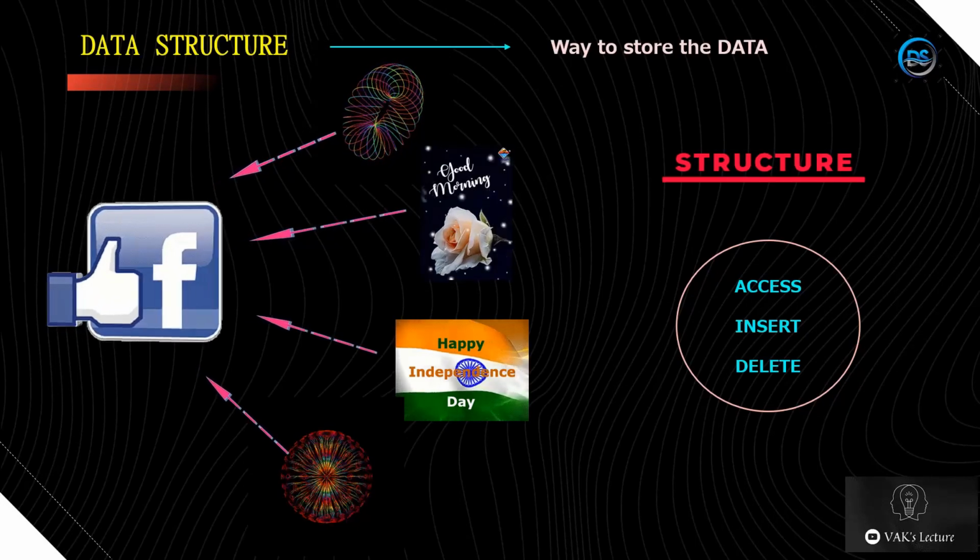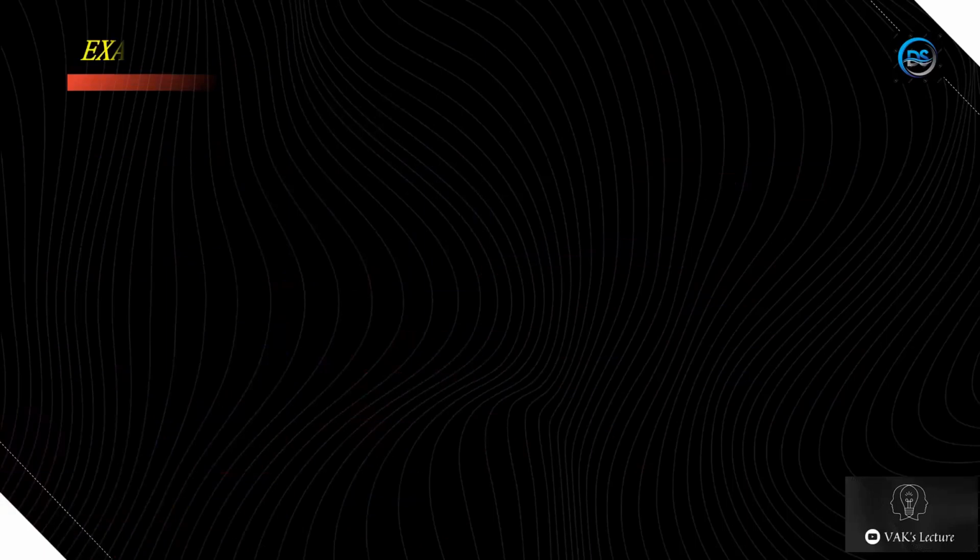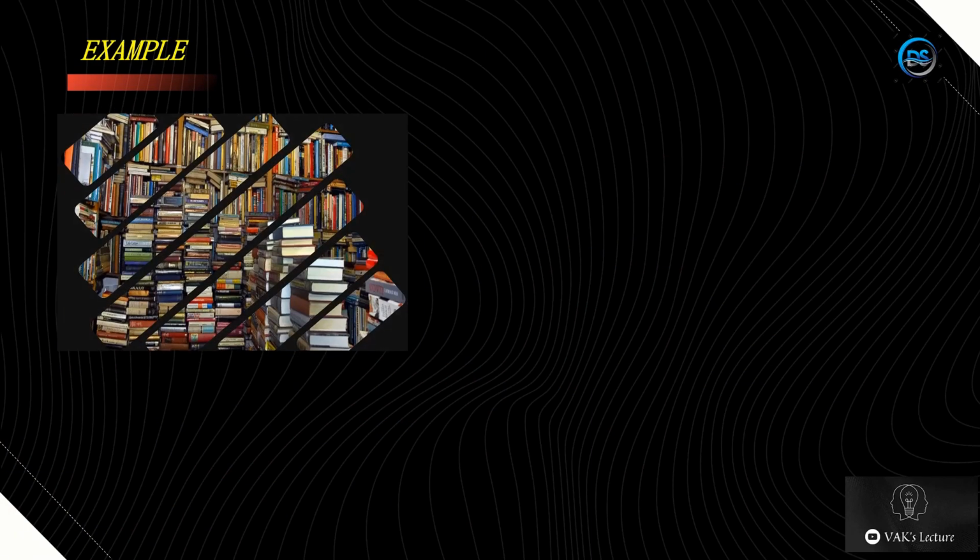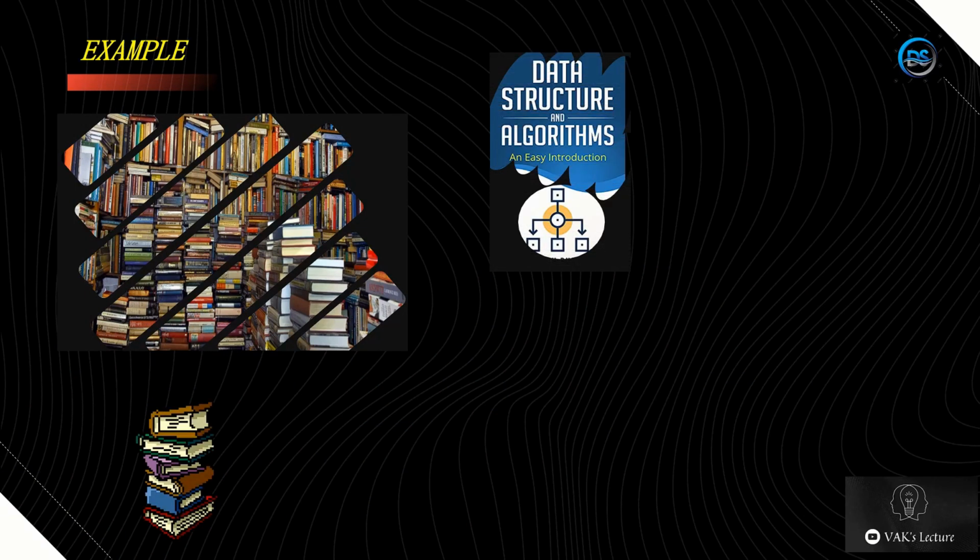Let us understand this with an example. Suppose there is a library, and when you go to your library and you see a pile of books, suppose you want the data structure book. Will you be able to get it? How many days will you require to search for the data structure book?